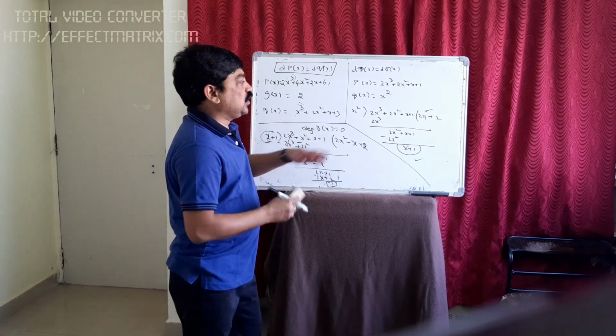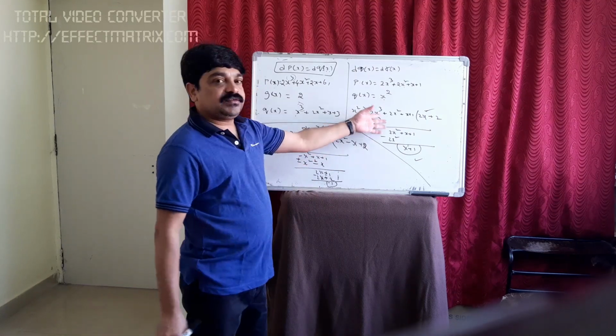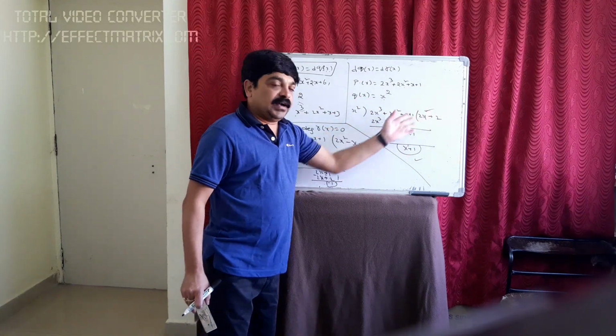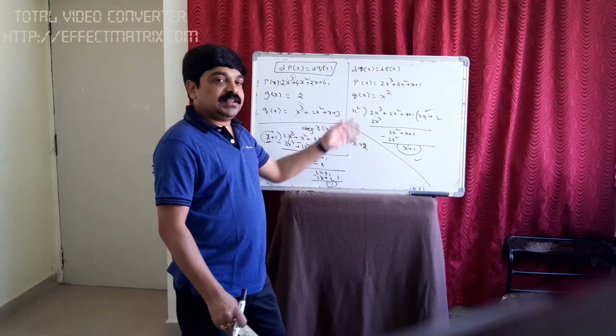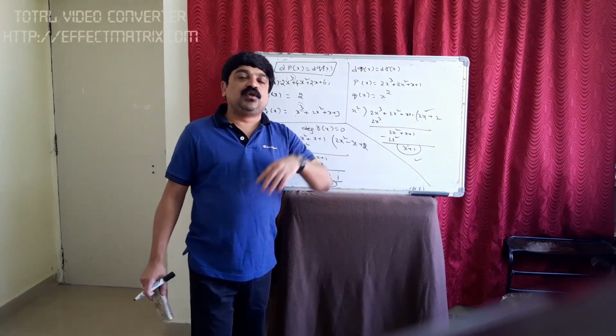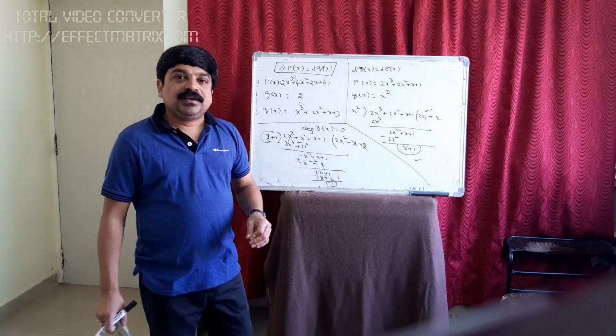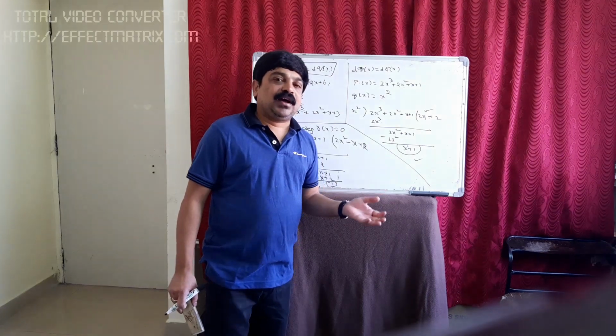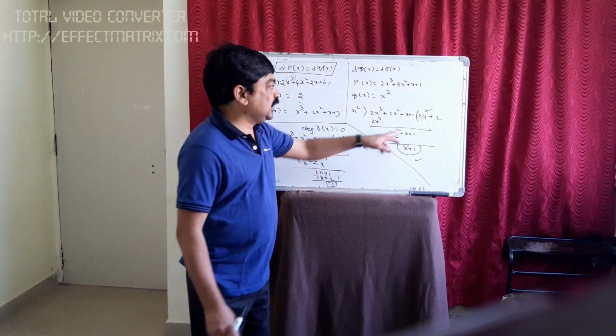What is the logic here, sir? If you take a cubic equation and a quadratic divisor, definitely you will get the remainder and the quotient with degree less than that. This depends on a is equal to b times q plus r. R should be less than b. If b is 4, r can be 0, 1, 2, 3 like that.